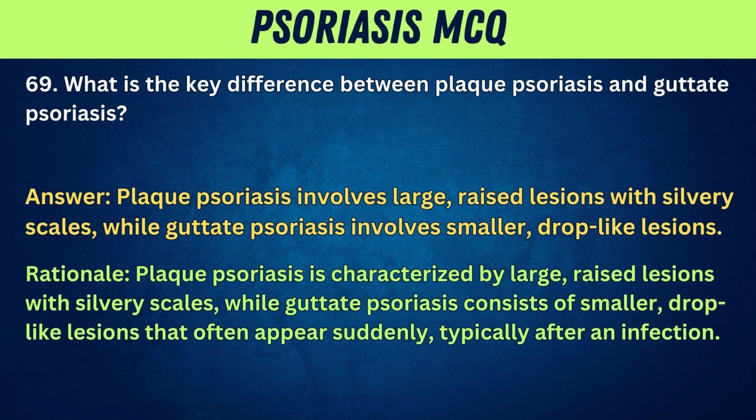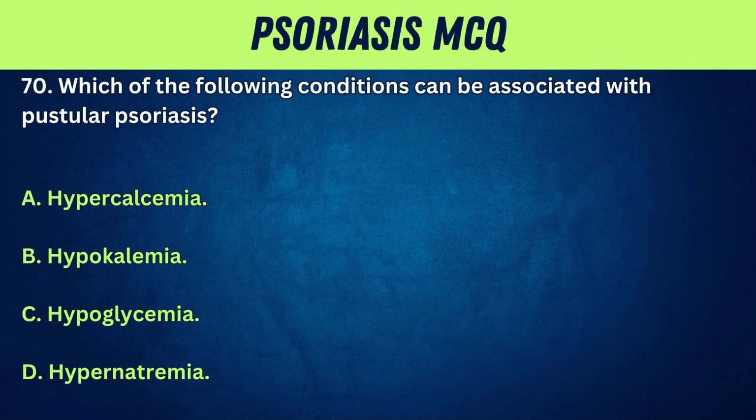Rationale: plaque psoriasis is characterized by large, raised lesions with silvery scales, while guttate psoriasis consists of smaller, drop-like lesions that often appear suddenly, typically after an infection.